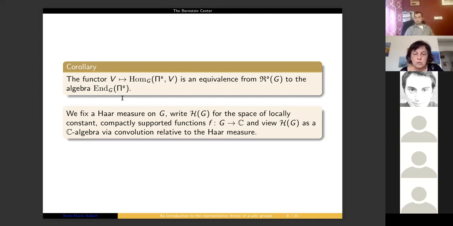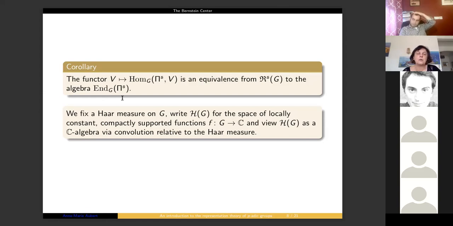So if you come back to the general picture, you have the category of smooth representations of G, R of G. Bernstein gave us a decomposition of that category into blocks, and each block can be viewed up to equivalence as modules over the endomorphism algebra of a certain progenerator. And it is expected that this endomorphism algebra has a nice structure.